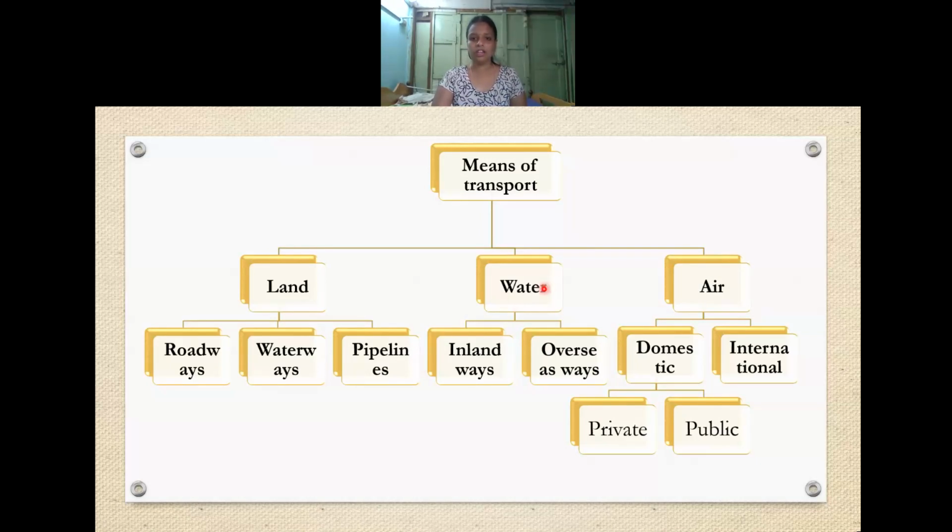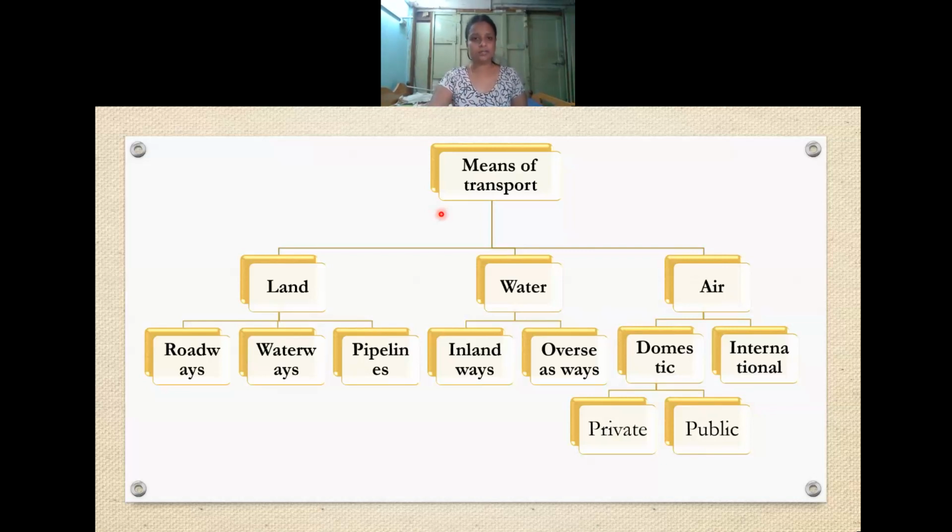Next one is the water, in that water, inland waterways, overseas waterways. Through the air, domestic airlines and international airlines. Domestic airlines, once again, are classified into private and the public. So this is the classification of means of transportation where the people, goods and services travel from one place to another. So one by one we are going to learn in today's class.